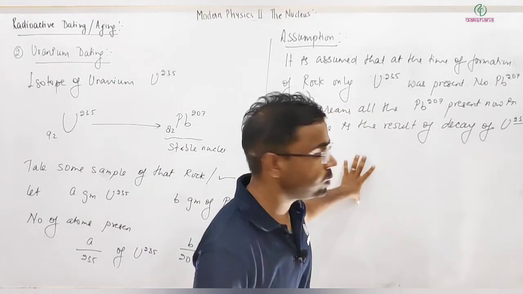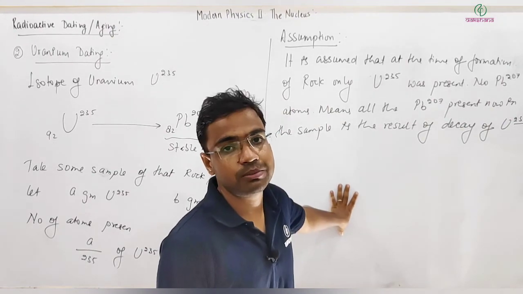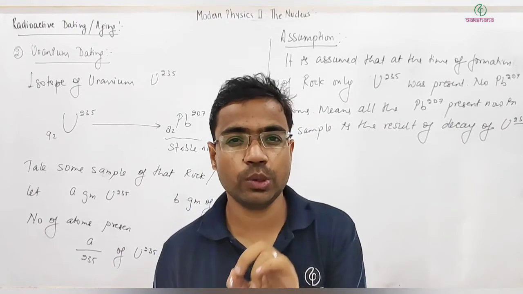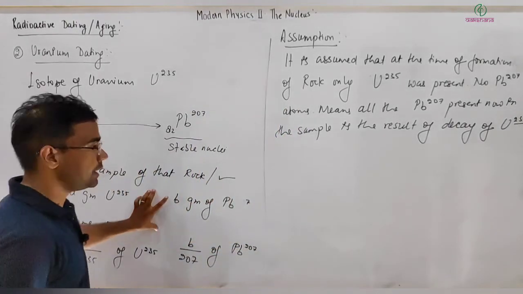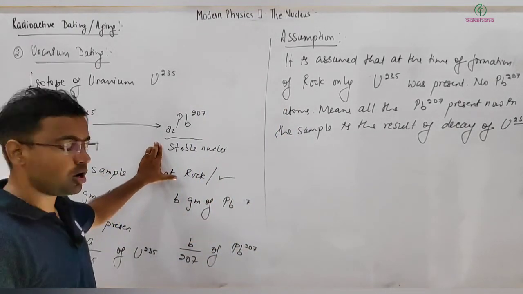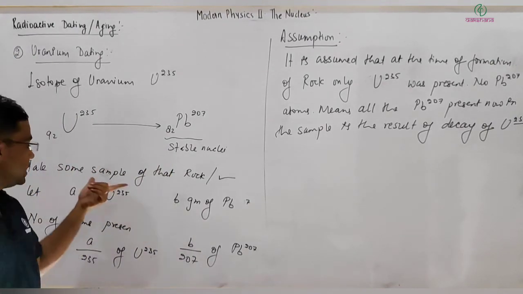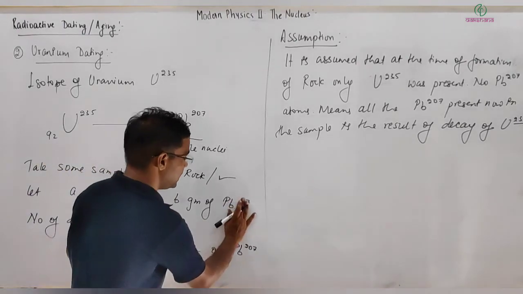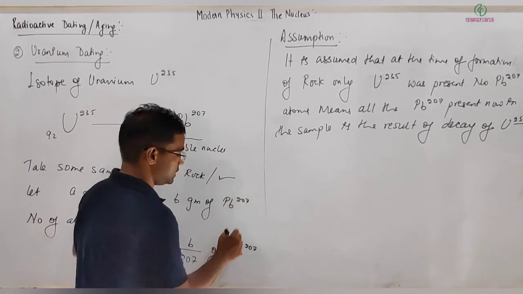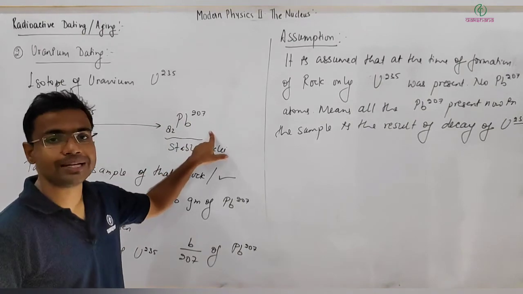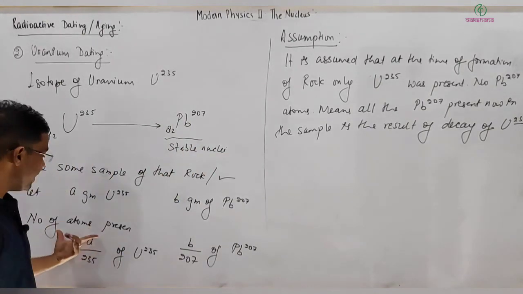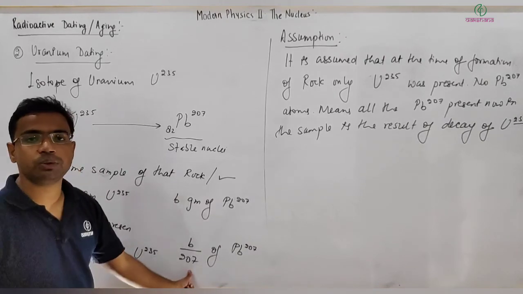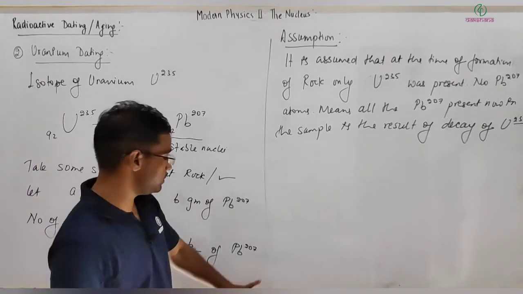Let me show you the calculation part for uranium dating. Conceptually, how things are working should be clear to you now. Simple things: this is the process happening in the rock. We take one sample and get the mass of uranium-235 present and lead-207 present, because uranium-235 is getting converted into lead-207. By simply dividing by their molar masses, we get the number of atoms of uranium-235 and the number of atoms of lead-207.